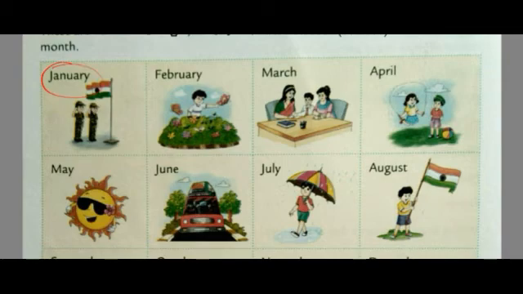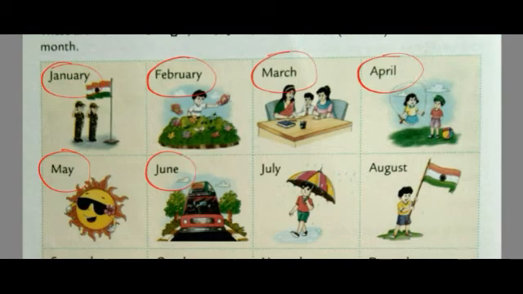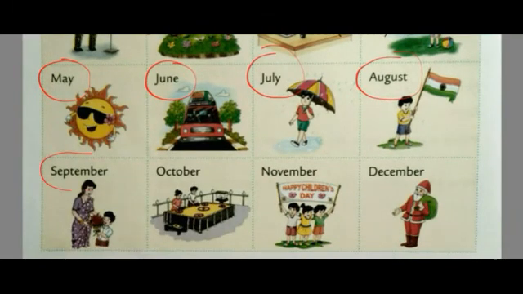January, February, March, April, May, June, July, August, September, October, November, and December is the last month.